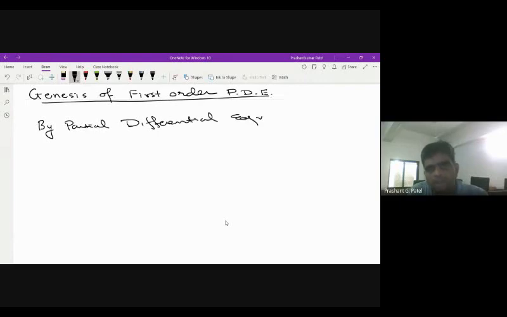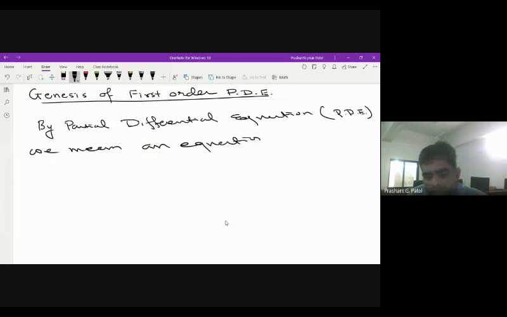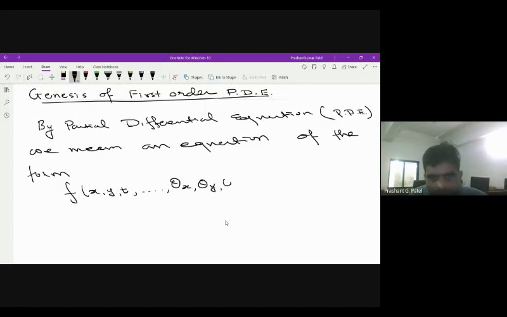This partial differential equation will be denoted by the short name PDE. We mean an equation of the form f of x, y, t, and many variables, theta x, theta y, theta z, theta t, and so on, equal to 0.